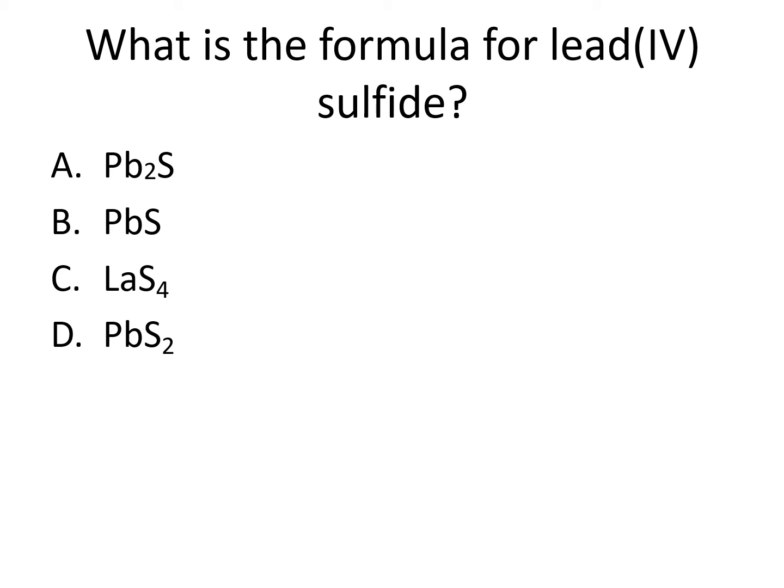If you get a number that can be simplified for ionic compounds, you will want to do that. In this problem, is the answer A, Pb2S, B, PbS, C, LaS4, or D, PbS2?